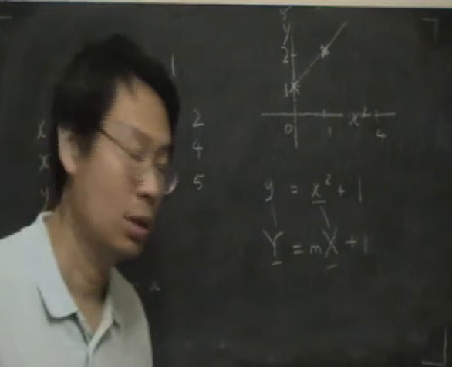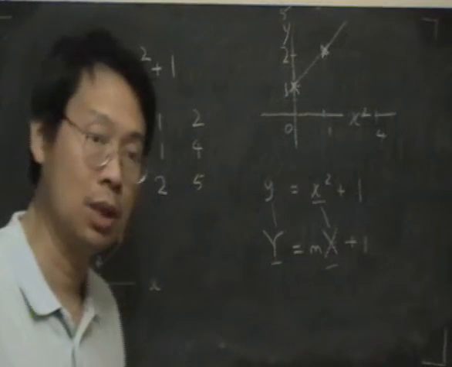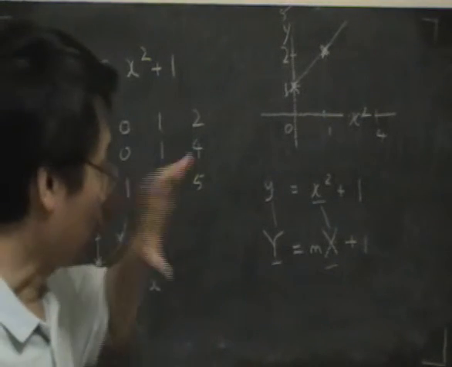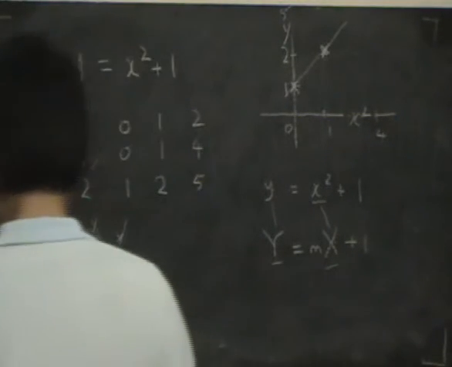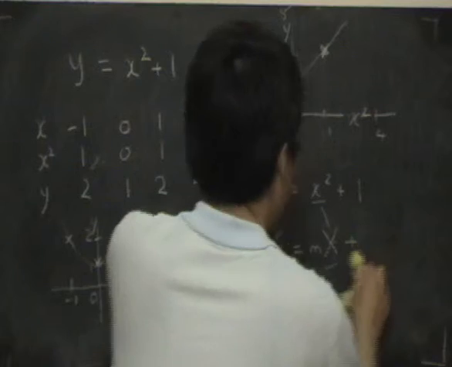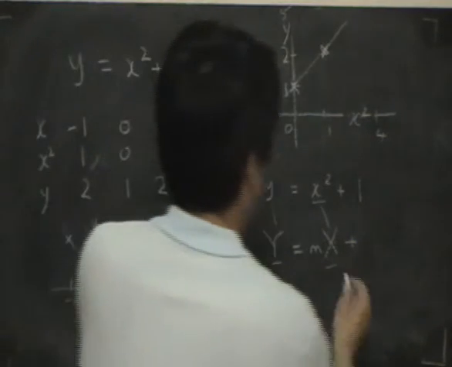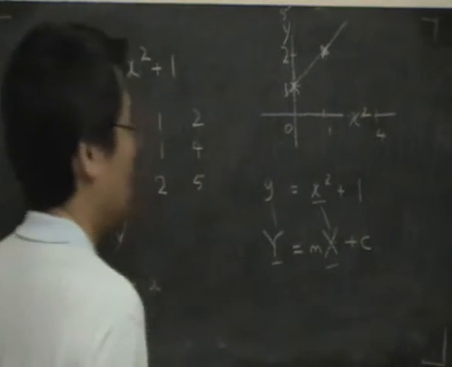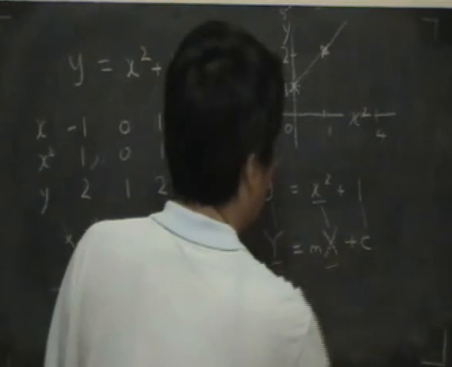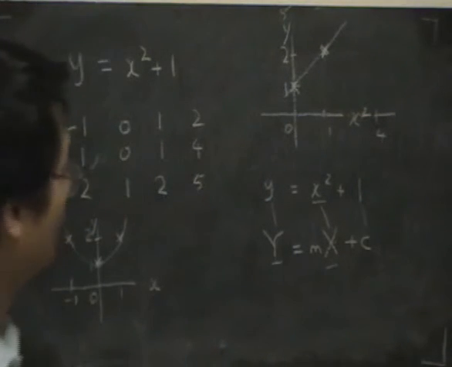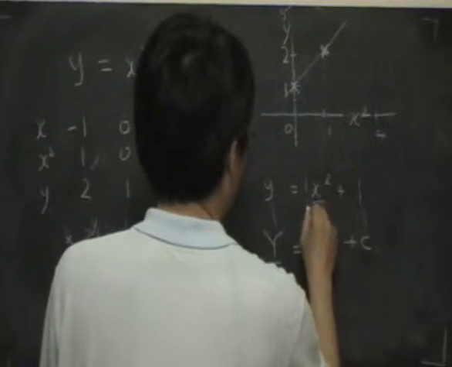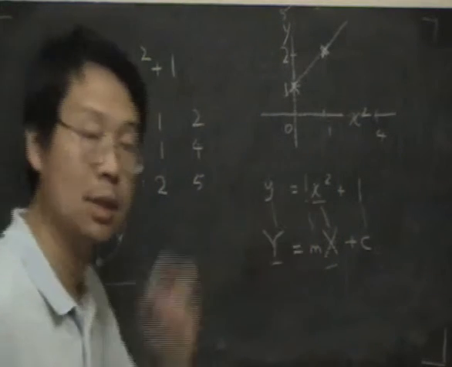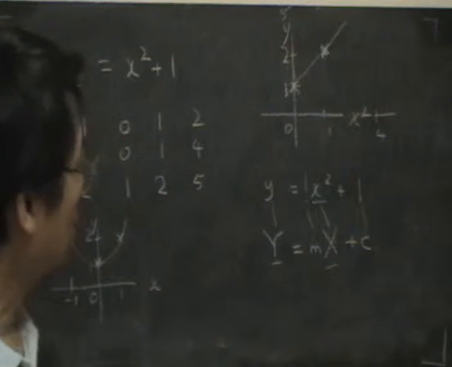So we make this association. If I do that, then that should be a c then. Alright, Y equals mX plus c. Then c would correspond to the 1, and the m here would correspond to the 1 there. The x squared is the same as 1x squared.